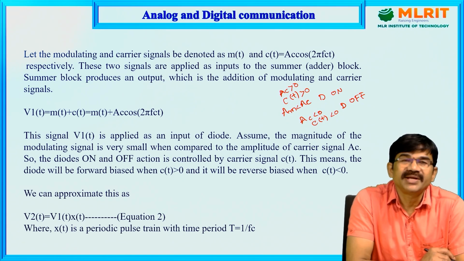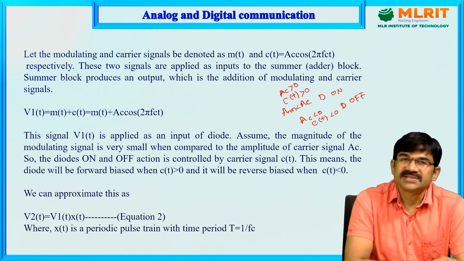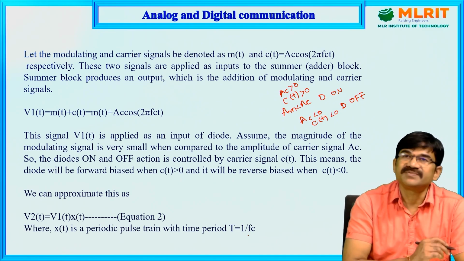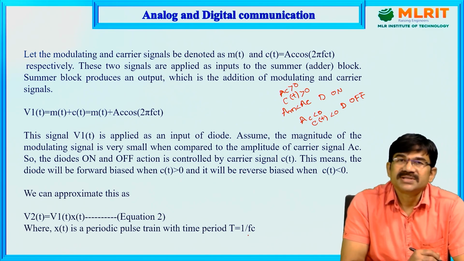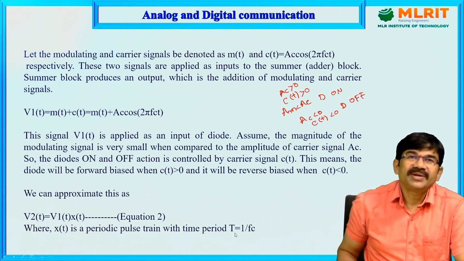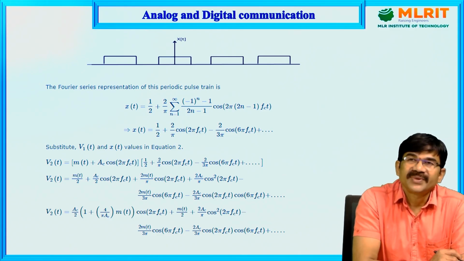By performing the on and off operation, the output expression for the diode is V2 of t, which can be represented as V1 of t times x of t, where x of t is nothing but a periodic rectangular pulse train with time period T equal to 1 by fc. To the diode we are applying the carrier signal.